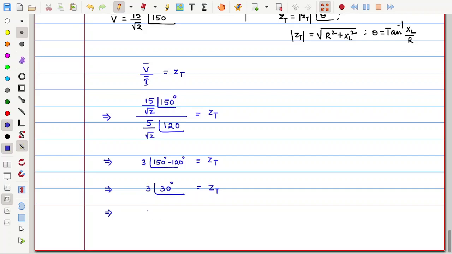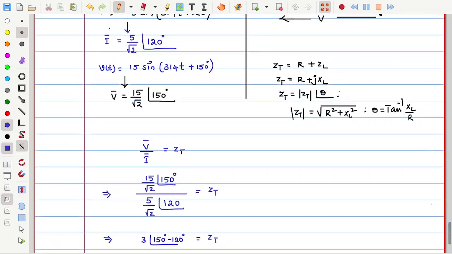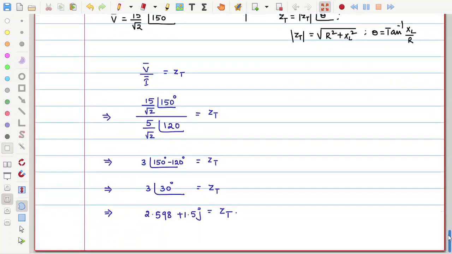So, let me write directly 2.598 plus 1.5 J is equal to ZT. But ZT we already saw, ZT is equivalent to R plus JXL in our circuit.